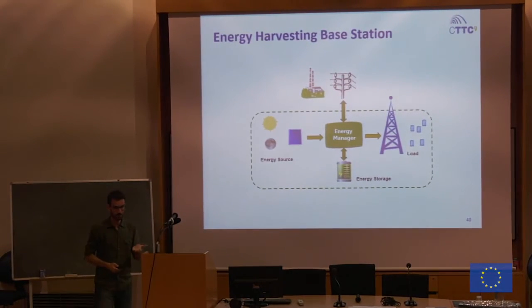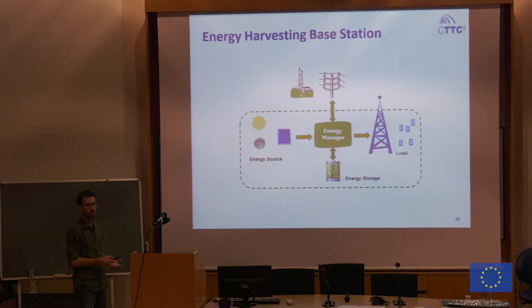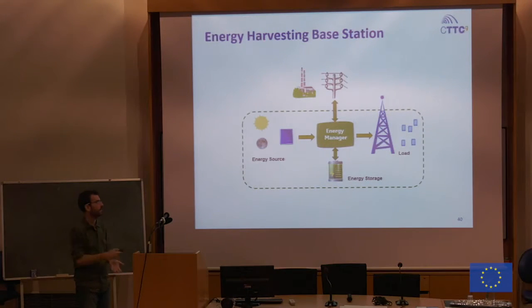Again, I'm referring here to an example with a base station, because we are working on this, but you can replace the base station with another device, and I think most of the things can be applied, with a different modeling probably, to different devices of the wireless system.